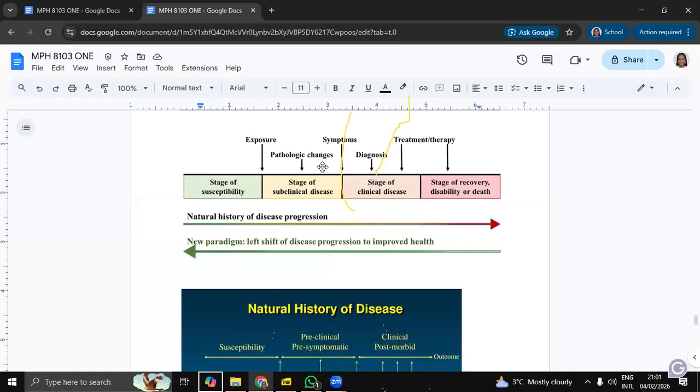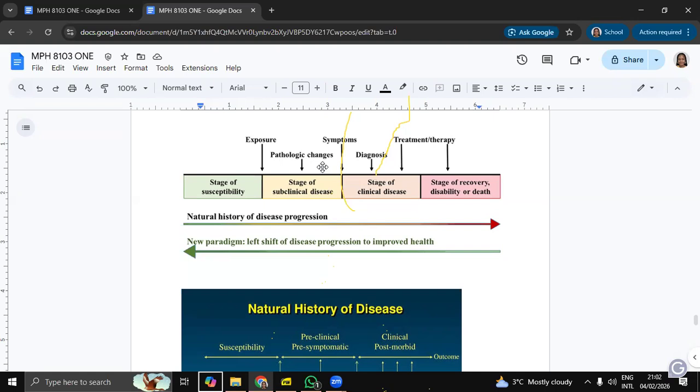So when we are characterizing diseases, it's a way that we stage those diseases. The stage of susceptibility, what's happening at the subclinical level, what's happening at the clinical level, and then what is the outcome. So when you can understand this, then you can say, okay, I understand the disease progression for this particular disease.